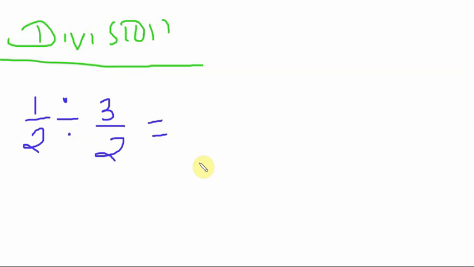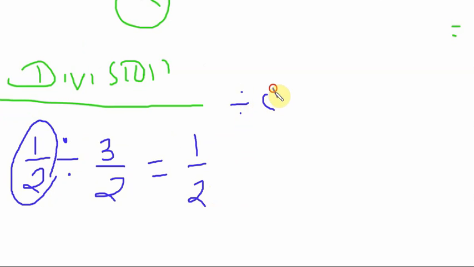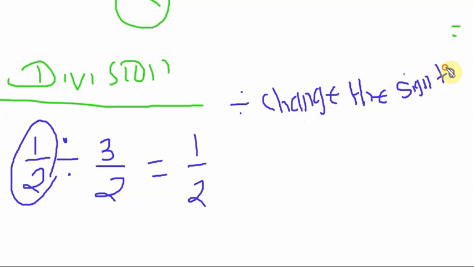When we are dividing, there's a rule that we need to know. Number one, you write down the first fraction as it is, 1 over 2, and you change the division sign to multiplication.